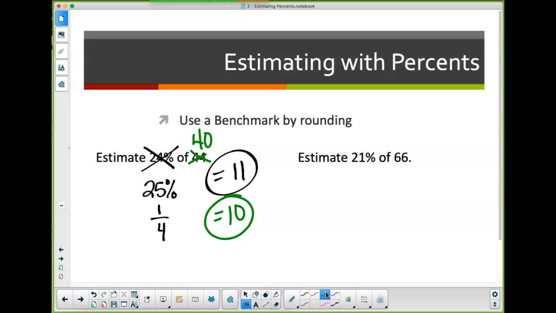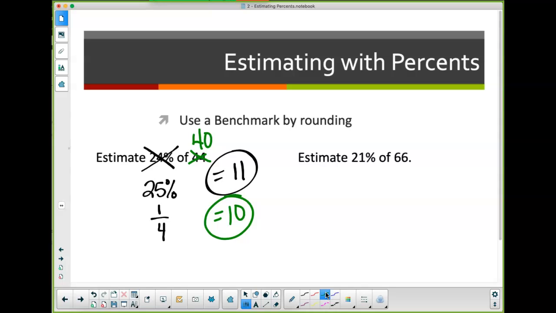Estimating is important because we don't always need exact answers. So let's look at the next one. I want to estimate 21% of 66. If I look at my benchmarks, what's close to 21%? And I can round up or I can round down. It doesn't matter. Would it be okay to go to 25%? Absolutely.